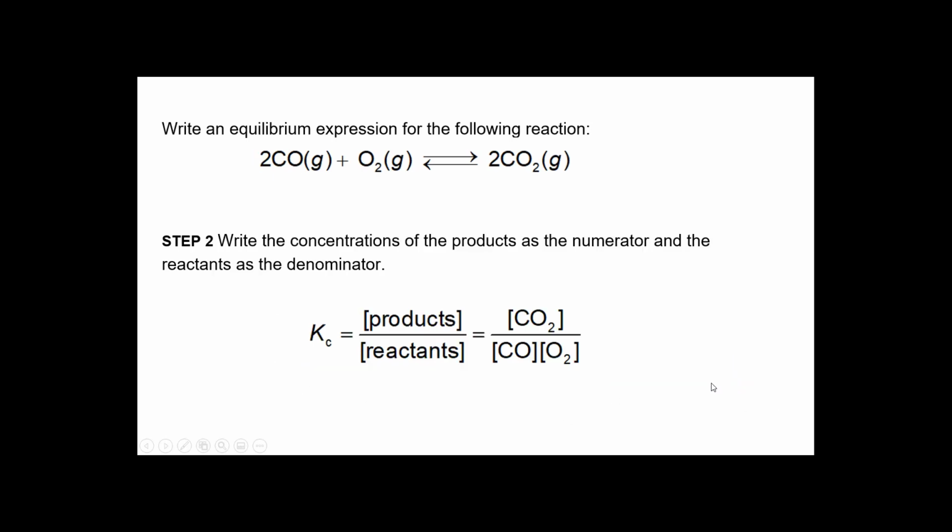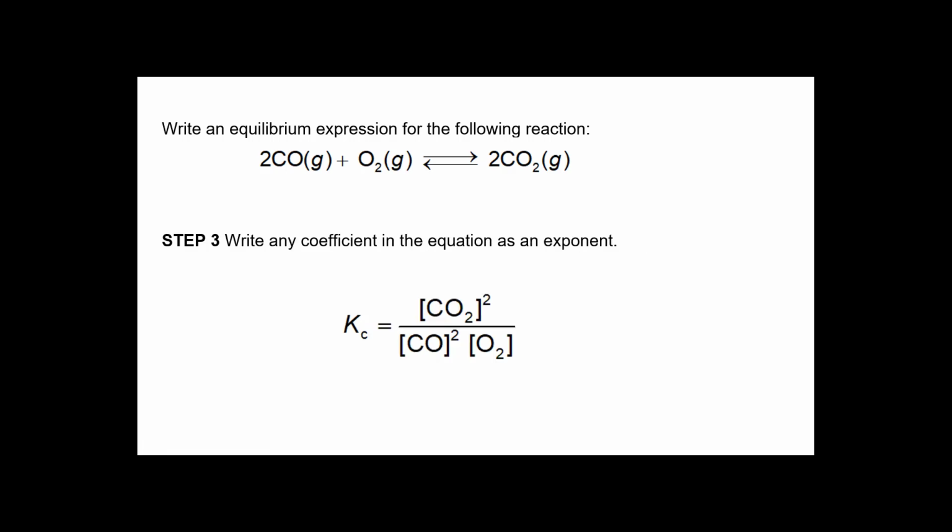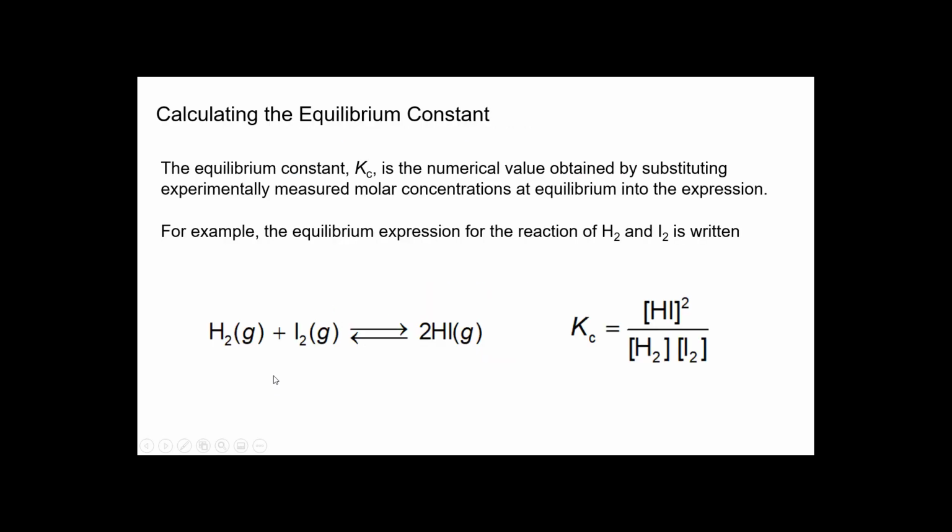But we're not finished because we need to actually add the coefficients, which we do not have on here. So we have to look. CO has a 2. Oxygen has a 1, so we just leave it blank as a default. And CO2 has a 2, which we put here. So we have now written out the equilibrium expression for the reaction.